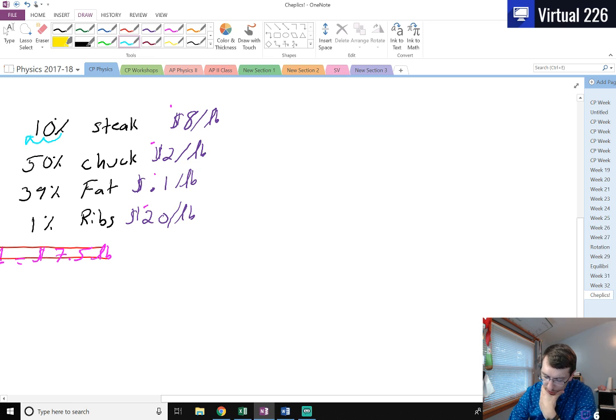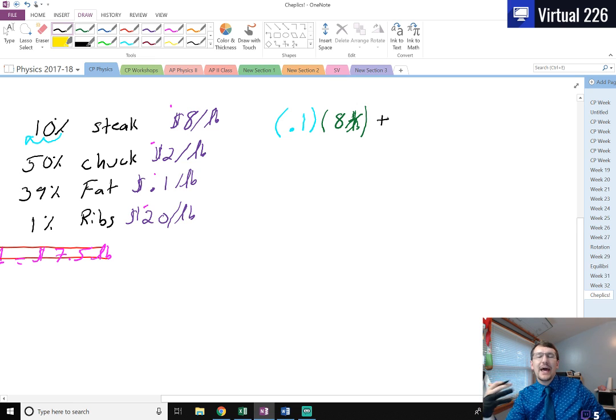So in order to figure out these percentages, we need to say, okay, if 10% or 0.1 of the cow is steak, and it costs $8 per pound, we can add that amount to the next piece. Because really, we're only getting 10% of that steak amount. If a pound of steak is $8, we're really only pulling 10% of it because the entire cow isn't made of steak. Only 10% of it is.